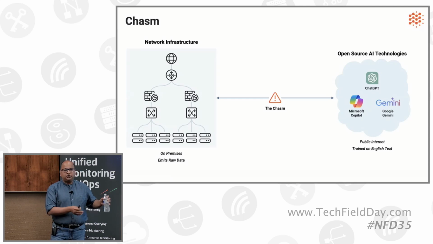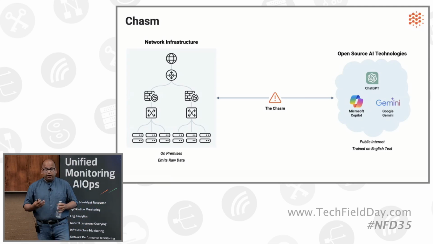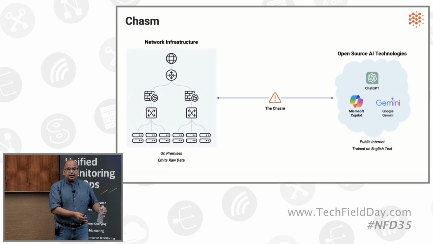Can I take my infrastructure data and just connect up to ChatGPT and get a conversational interface? Fair question. The issue is there's a big chasm between where infrastructure sits and these services. The first thing is they're all sitting in public cloud. They are public services that these companies offer, and your data is sitting on premises or in certain infrastructure. How do you get your data from point A to these services?